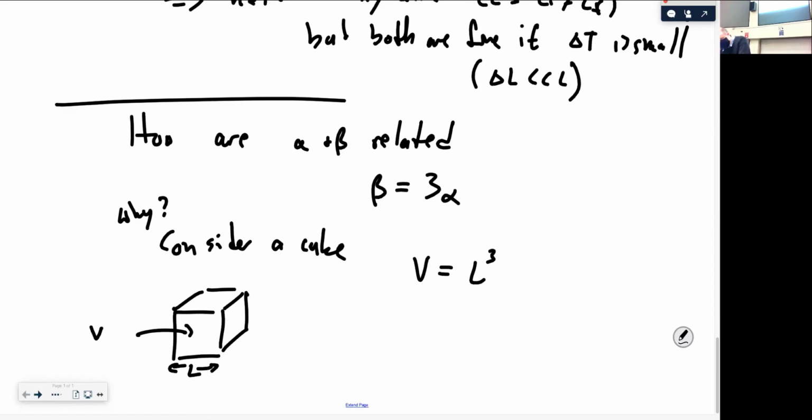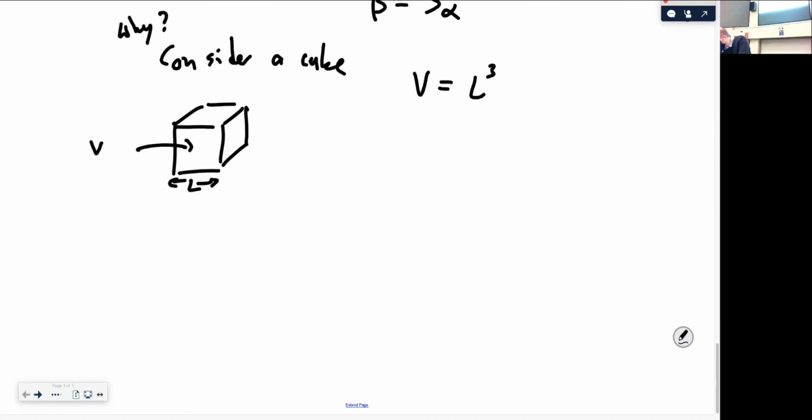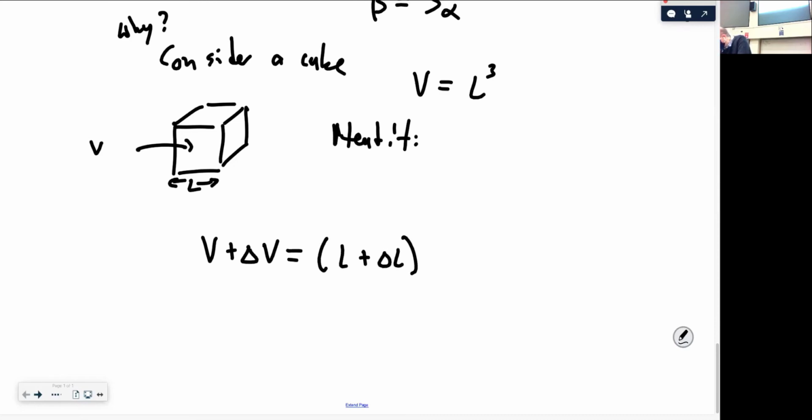So let's heat our cube up. Heat it. So V plus delta V. Actually, I'm going to move down here so I've got more room. V plus delta V. We know that that has to be L plus delta L, quantity cubed.